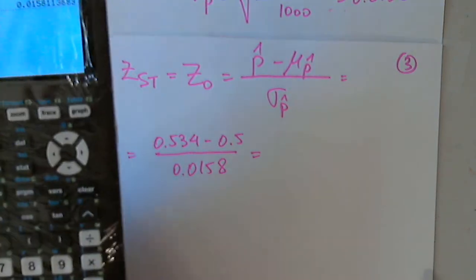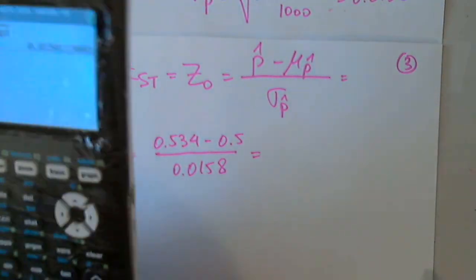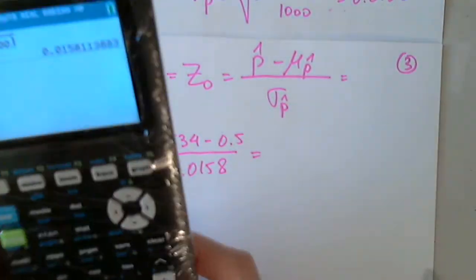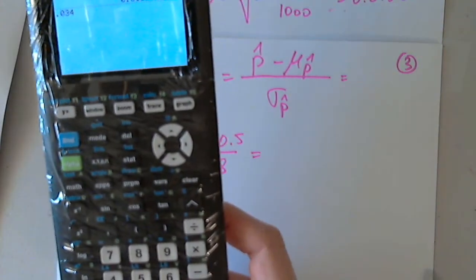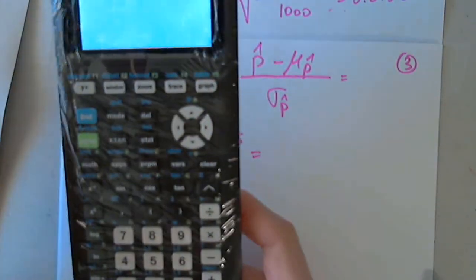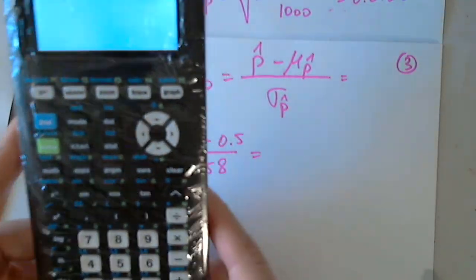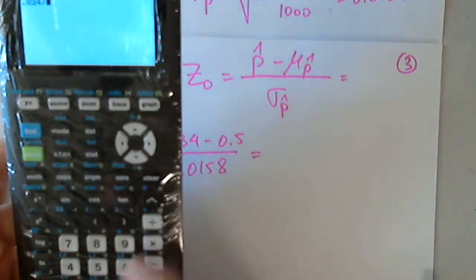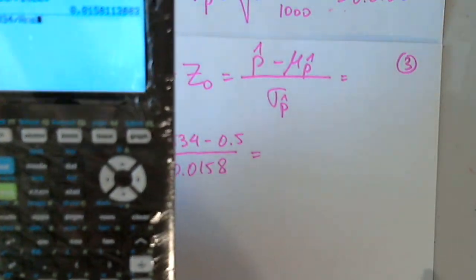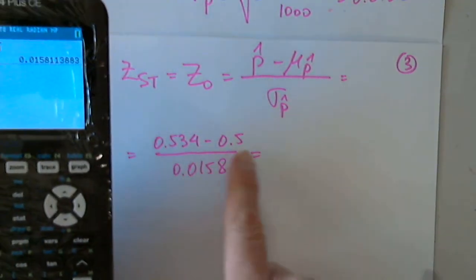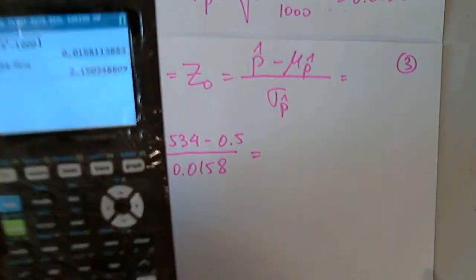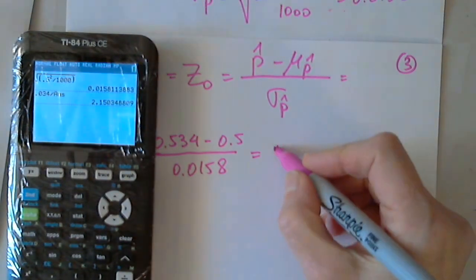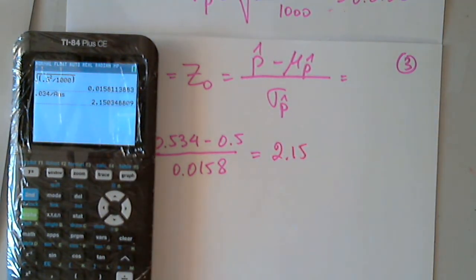When you turn it on, you have to wait for a second for it to wake up. With the previous ones, I never had that problem. 0.034 divided by the previous answer, and I got 2.15.